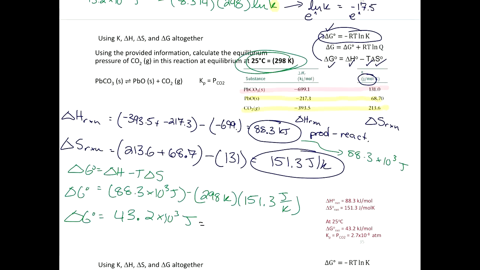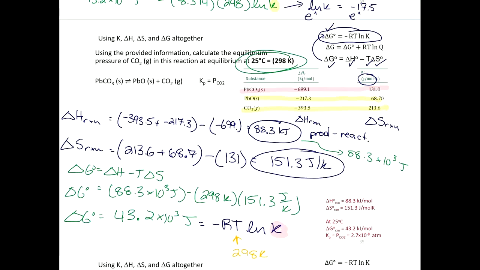We're going to set this delta G value we just got equal to negative RT natural log of K. We're going to solve for K and recognize that that temperature is equal to 298 Kelvin because this is at standard temperature, standard conditions, right? And we'll get the same answer, okay?